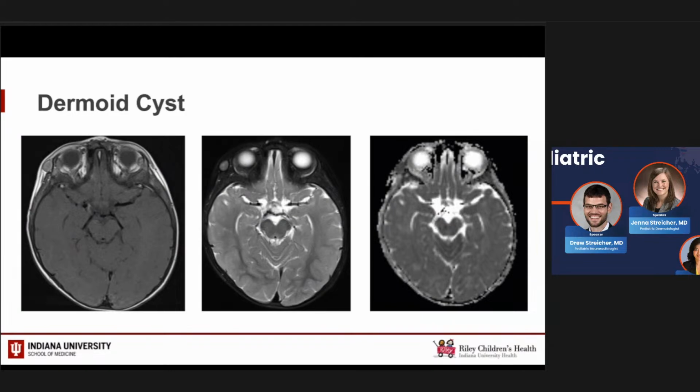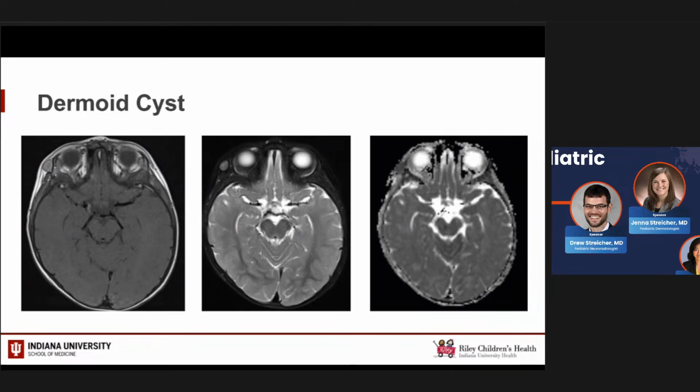Sure. So we have axial T1 non-contrast, and then we have an axial T2, and then we have ADC. Yes. And so on the T1, there's a well-defined intermediate intensity lesion in the right periorbital region, next to the anterior part of the zygoma, and lateral wall of the right orbit.